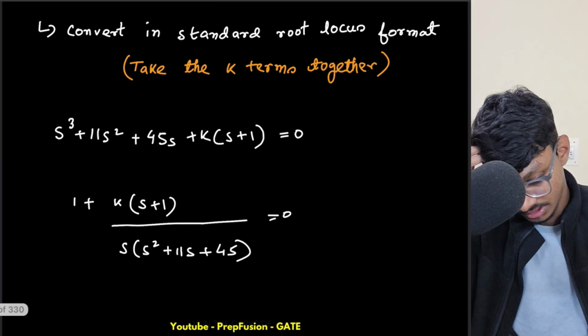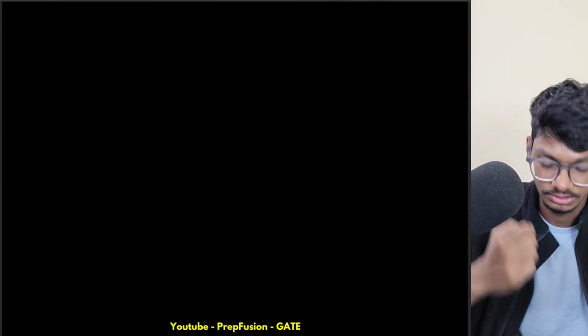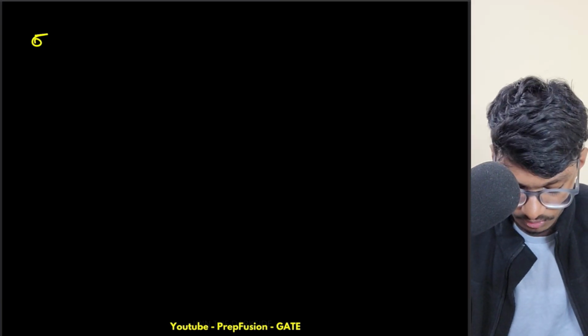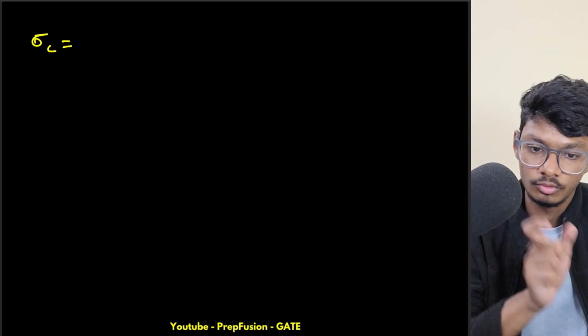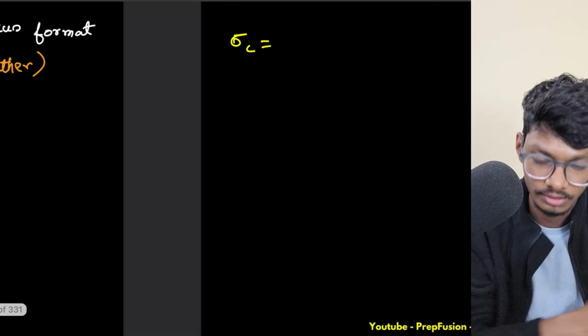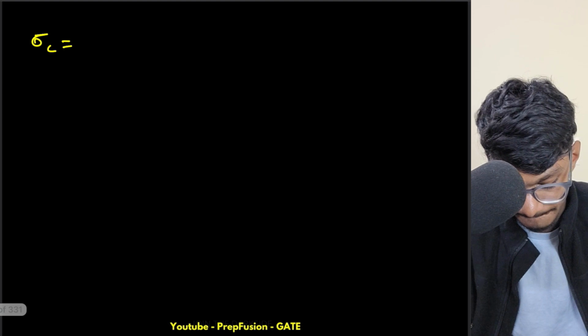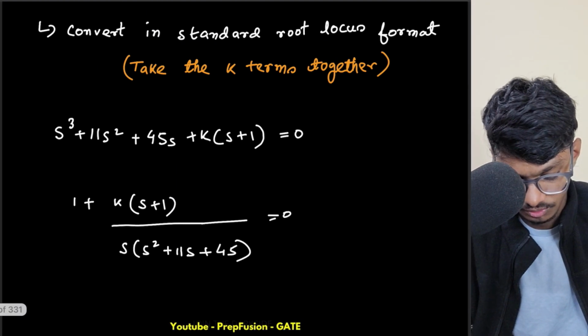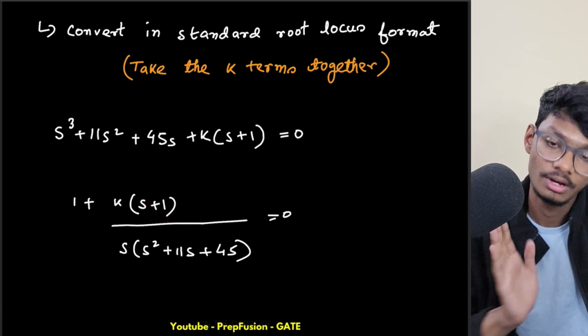Now this is simple. I will use the previous method that I used in the previous question. Sigma c will be the summation of poles minus the summation of zeros. What is the summation of poles? Minus b upon a, minus 11 upon 1, minus the zeros. So where is my zero? It is lying on minus 1.